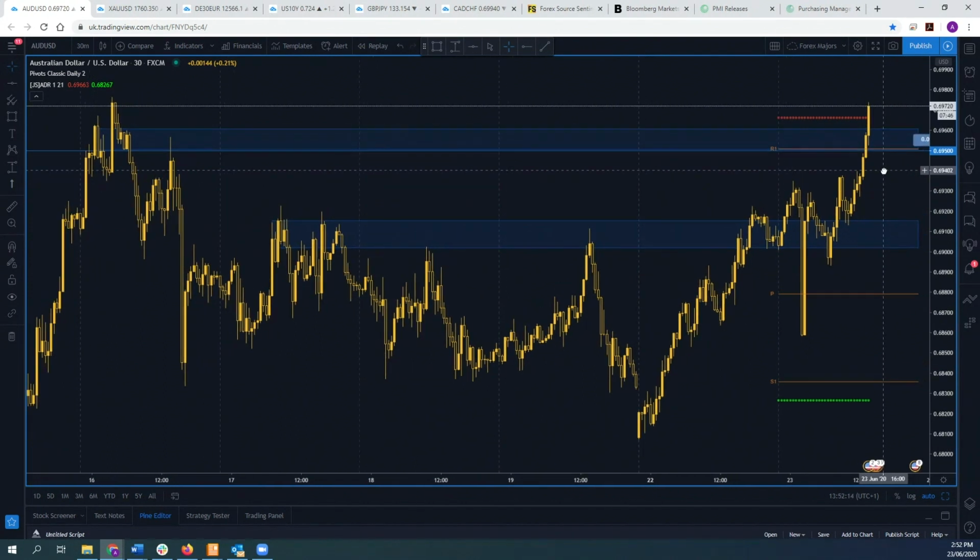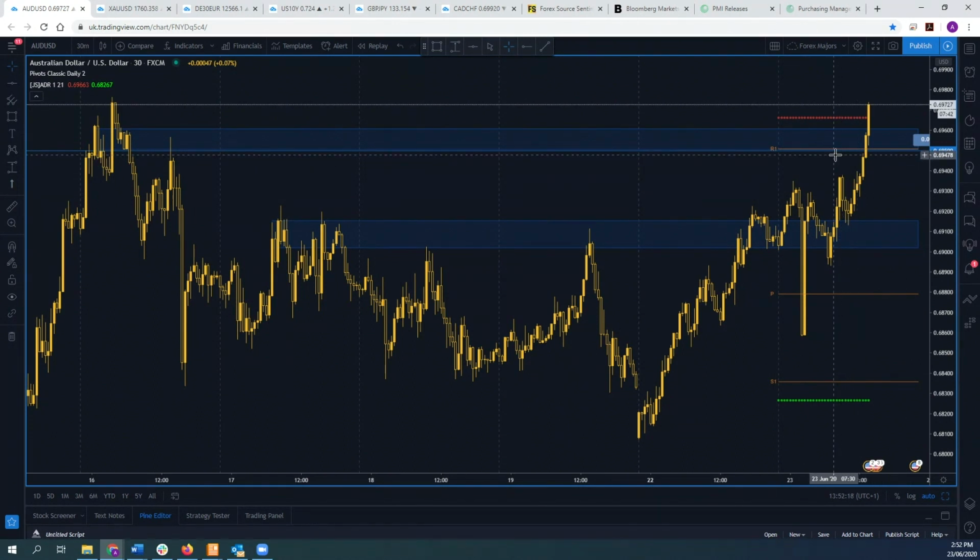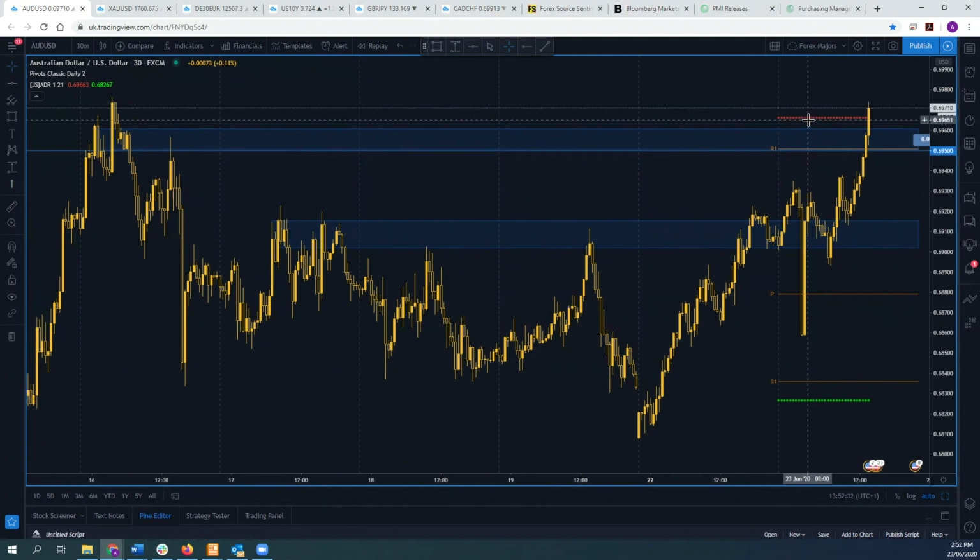bit higher. So the reason why we always choose a set target for the daily run is we always have two things in mind. We have our normal technical tools in mind, like support and resistance areas, fair value zones to the upside and to the downside. And we also incorporate that with the other tools we have, like the R1 and the S1 pivots, the ADR high and the ADR low.